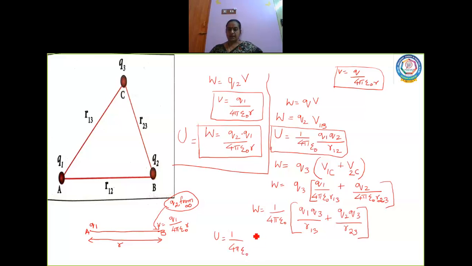So I have Q1 Q2 by R12 plus Q1 Q3 by R13 plus Q2 Q3 by R23, which is the total potential energy. Now this total electrostatic potential energy is the work done to assemble the system of charges.